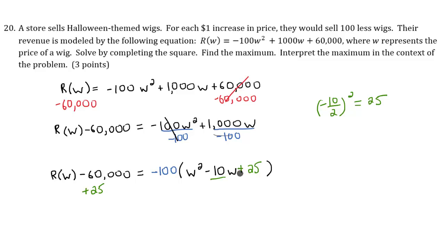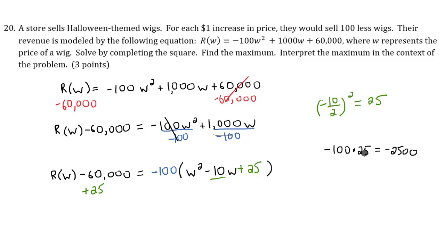And here's what the situation is. If I add in 25 to this part right here in parentheses, I'm not just adding in 25. I'm actually multiplying this part in parentheses by a negative 100. So by adding in 25, I'm actually adding in a lot more because I'm multiplying it by a negative 100.